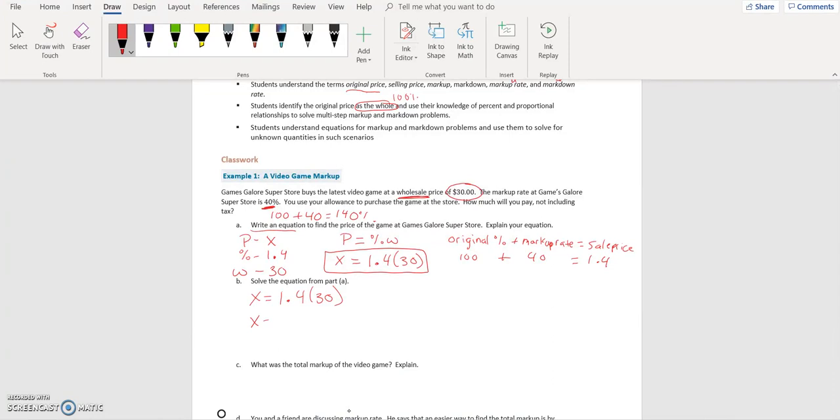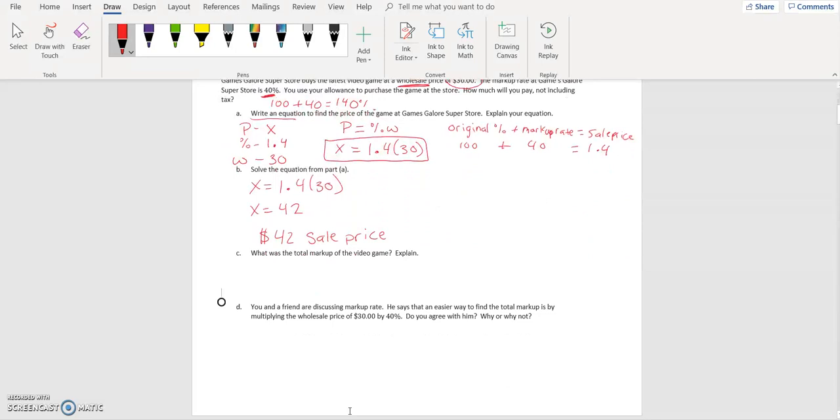So x is equal to 42. So that is my sale price. So $42 is the sale price. That's how much I'm actually paying, and that makes sense. It's a markup, meaning it's going to be more than the original, which is $30, and it's 40% more than that. So that does make sense.